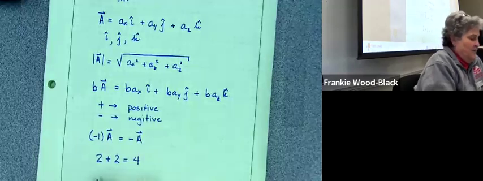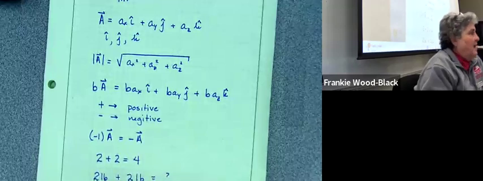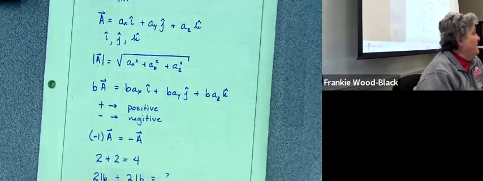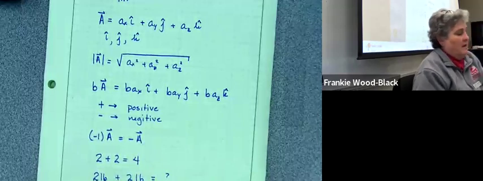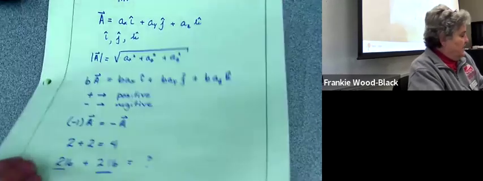But if I do a 2-pound vector plus a 2-pound vector, that may not necessarily be 4, right? Because that's a magnitude and that's a magnitude, but the magnitude of the ultimate vector may not be that way, because we have to do our vector addition.